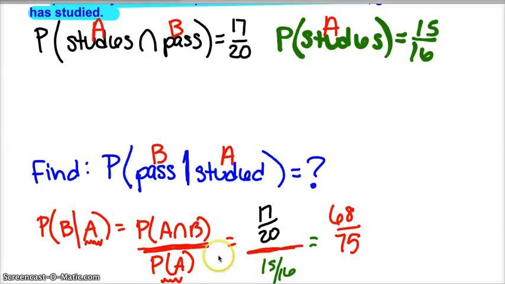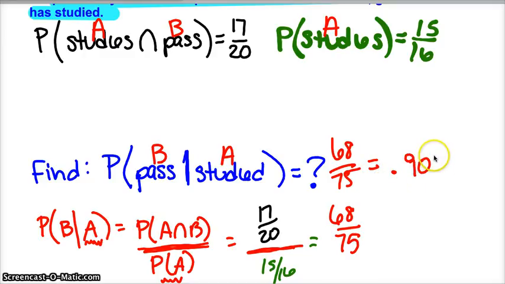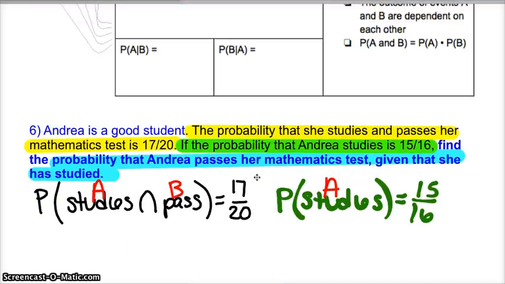So the probability that she passes, given that she studied, is 68 over 75, which, I know we don't very often make it a percent, is 90.6 repeating. So she has about a 91% chance to pass given that she studies.